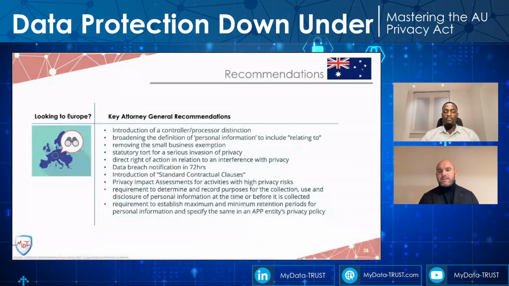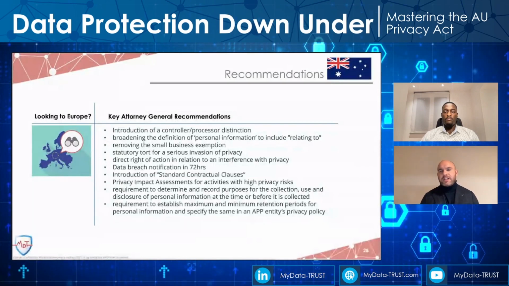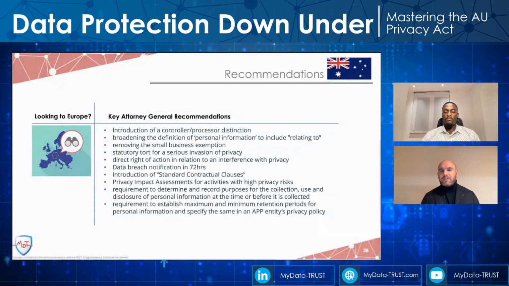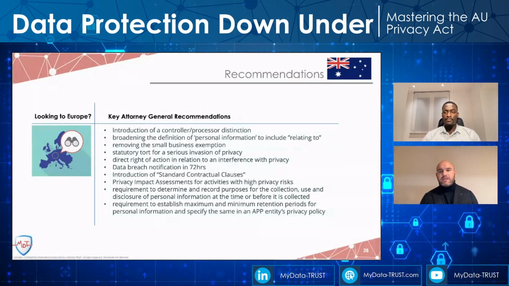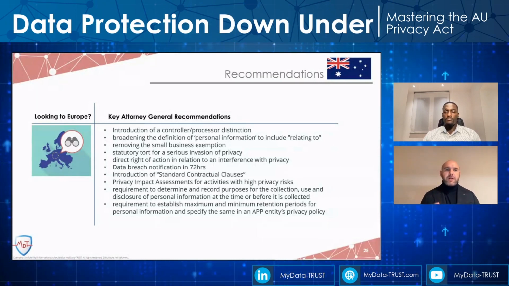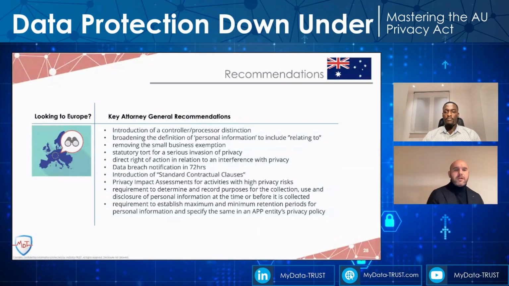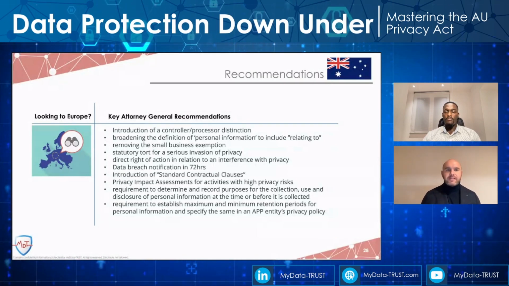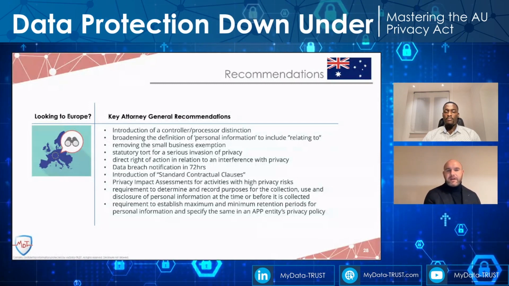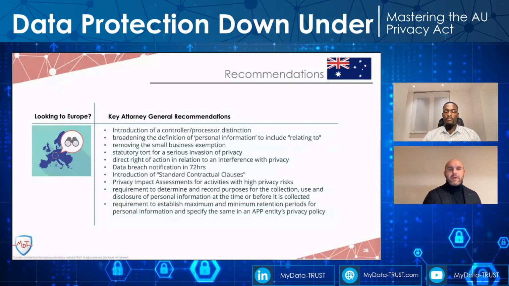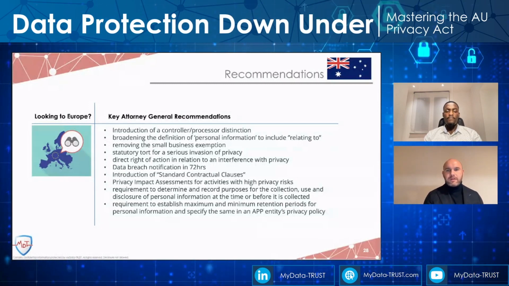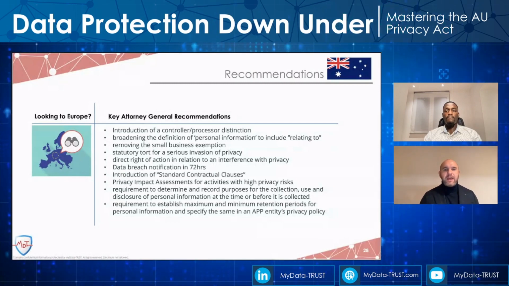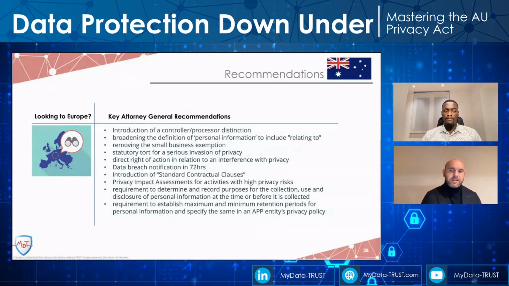Some of the key recommendations by the Attorney General's office were an introduction of the controller-processor distinction, and a broadening of the definition of personal information, not just information that is about someone, but also information relating to someone. So if it's not clearly definable as personal information, but it can be attributed to an identifiable person, then that will be considered personal information.